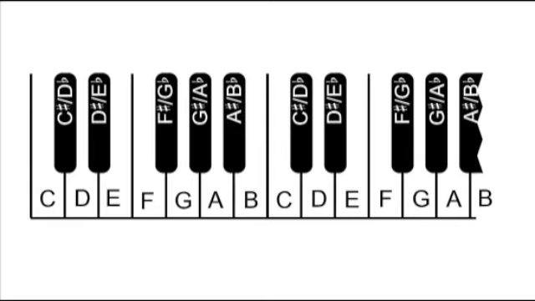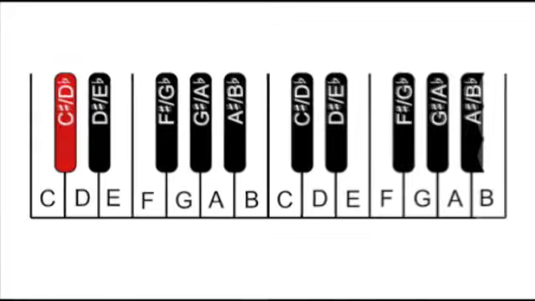Firstly, the white notes are named after the first 7 letters of the alphabet: A, B, C, D, E, F, G. Then, for reasons that emerge much later as you explore the subject of music theory, each black note is given 2 possible names.